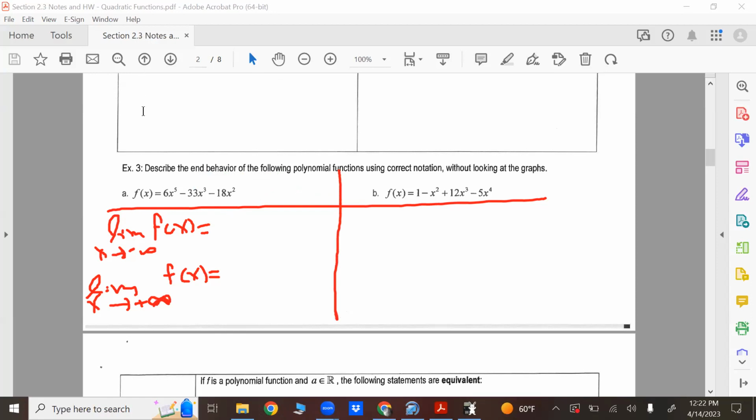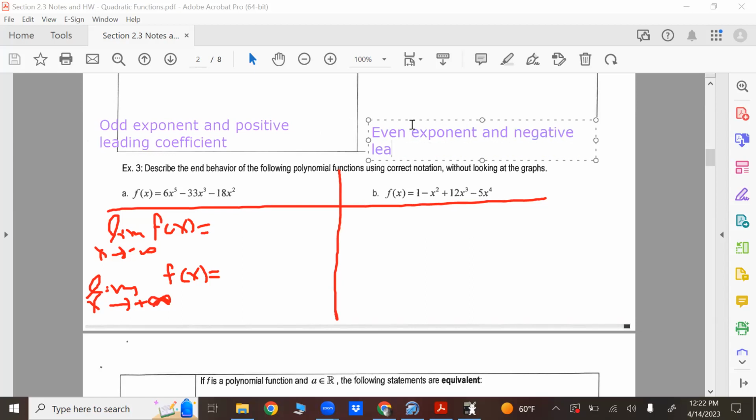So part A, I'll do the text box: odd exponent and positive leading coefficient. And then this other one over here: even exponent and negative leading coefficient. And what you're doing is you're focusing on the term with the highest exponent.